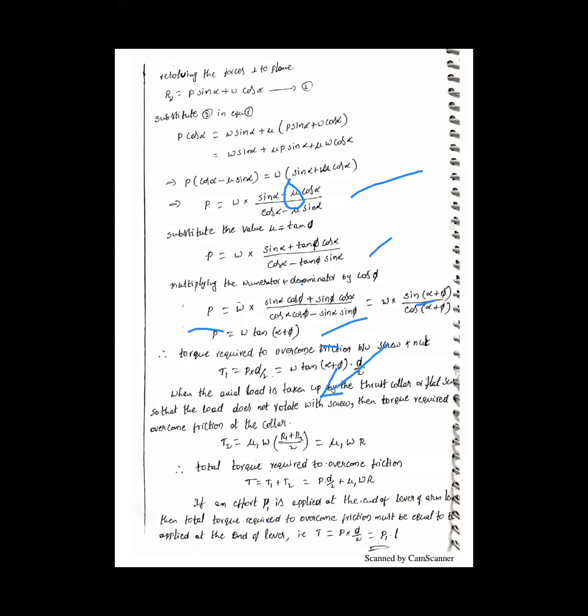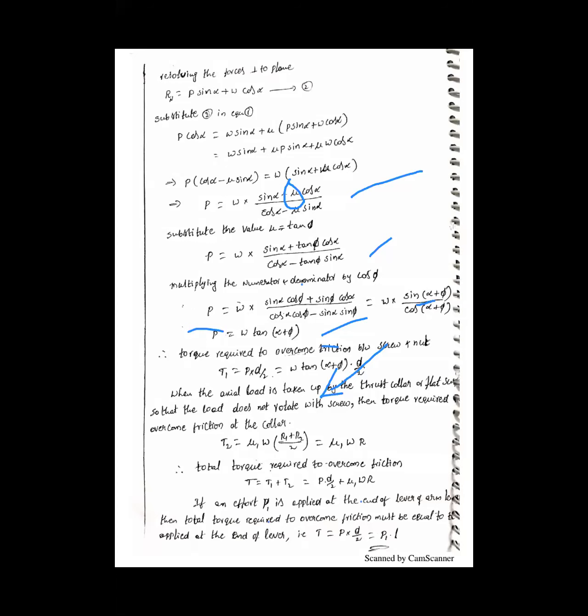So now what is the required value? That is our torque. Torque required to overcome the friction between the screw and nut, represented as T1, equals force into distance, P into d by 2.